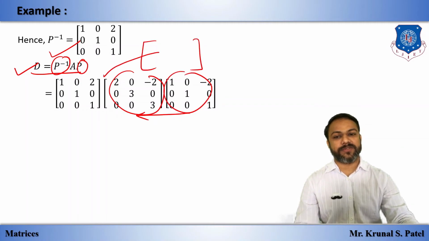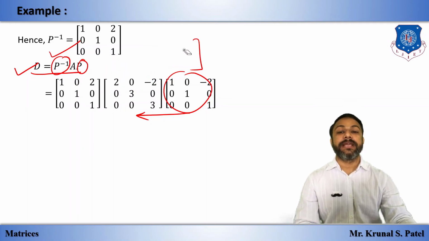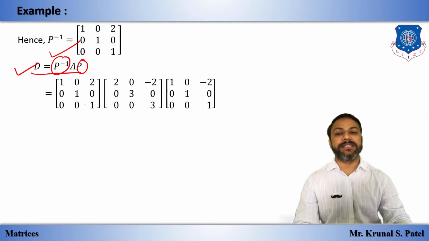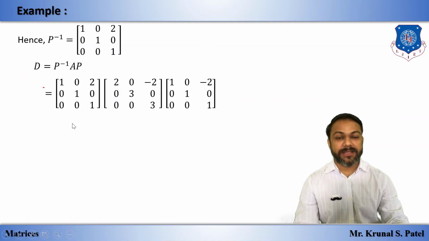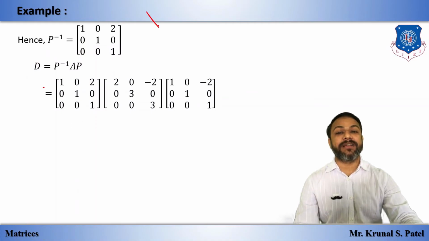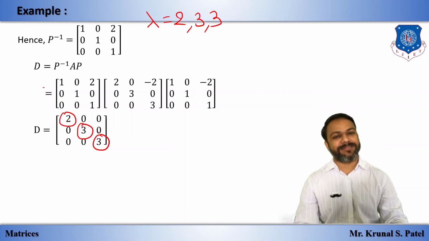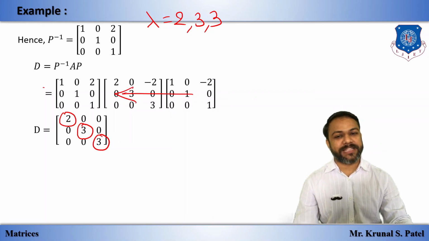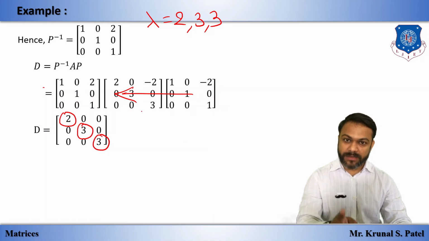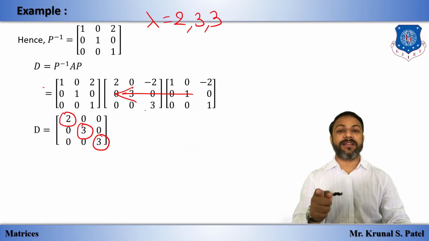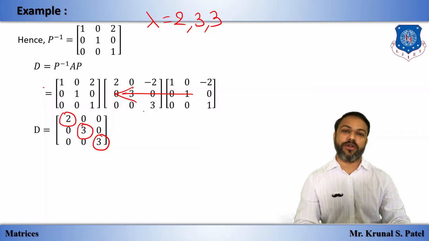Then multiply this matrix with the new matrix, and we will get the final answer D. And this D is always a diagonal matrix with the original eigenvalues 2, 3, 3 as diagonal entries. There is no need to multiply in this order, but if you want to check whether the teacher is telling it right or not, you can verify by pen and paper.